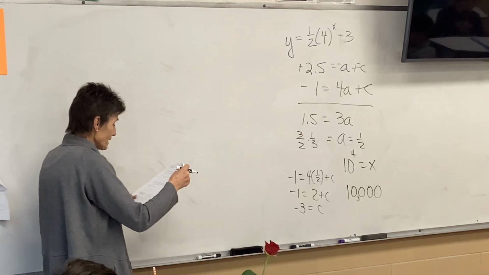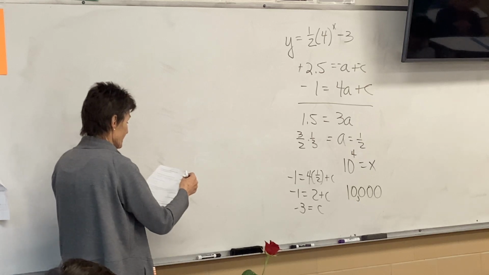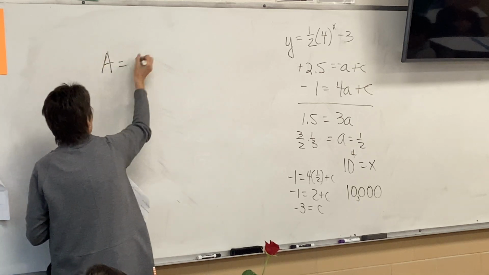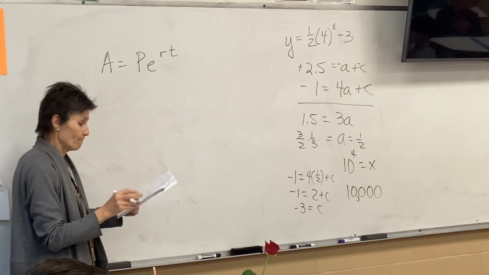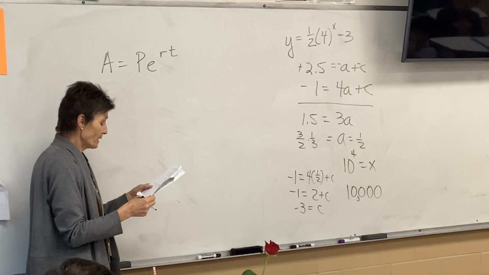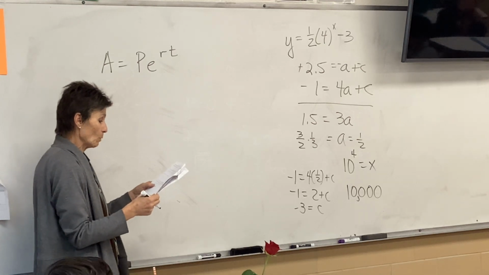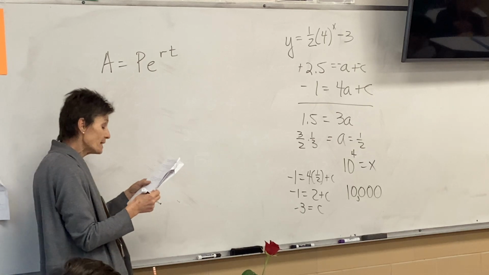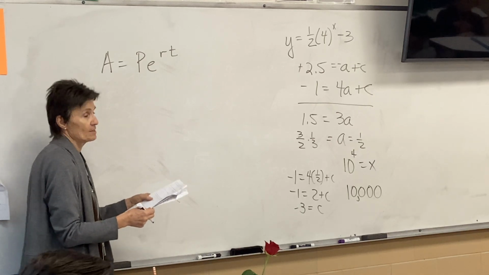The amount of money in an account paying interest, which is compounded continuously, is given by a formula that you know. I wrote it down, but you know. T is in years. How much money will be in my account after 10 years if I make a one-time deposit of $92 at 3.2% interest compounded continuously?